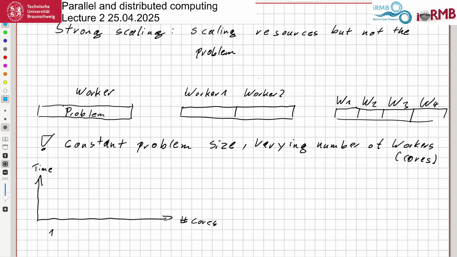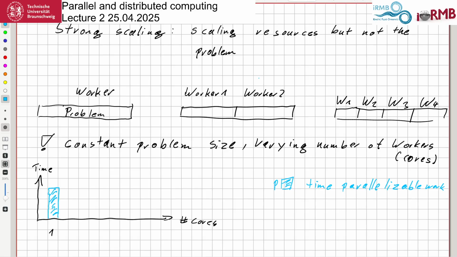Then we have a part of the problem that can be parallelized, and I will call this part P. So this is the time of the parallelizable work. And if you don't get me, what I mean is the time that you need to do the parallel work in serial.